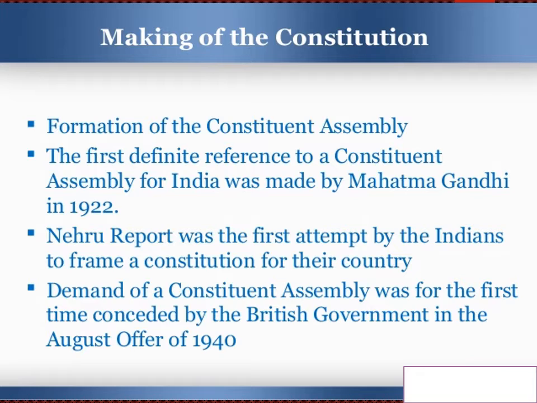The demand for a Constituent Assembly was first conceded by the British government in the August Offer of 1940. So before it actually came to reality, many attempts had already been made for the framing of the constitution and the making of the Constituent Assembly.